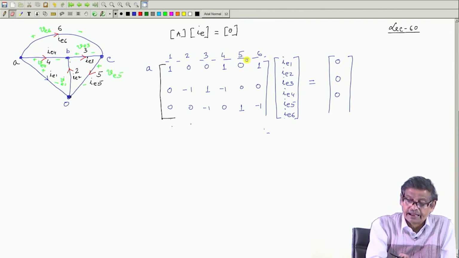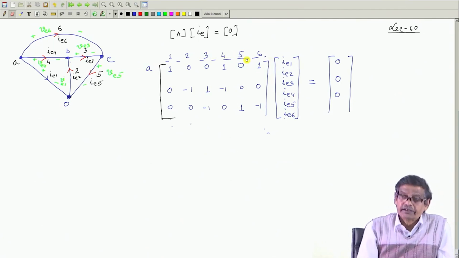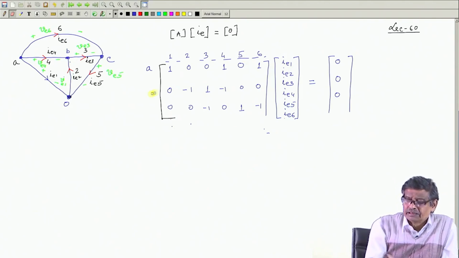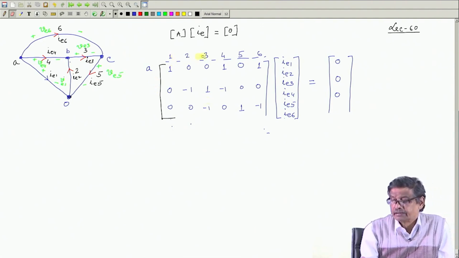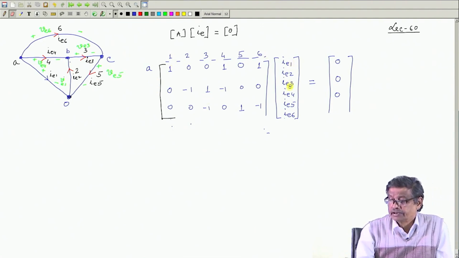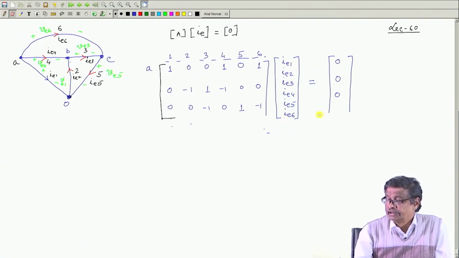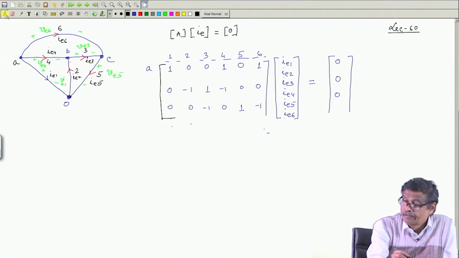See, KCL at any node, who will participate? It is expected to be participated by element currents. So, there may be 6 element currents I 1, I 2, I 3, and I fill up this, it is very easily seen.